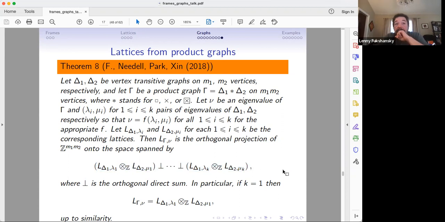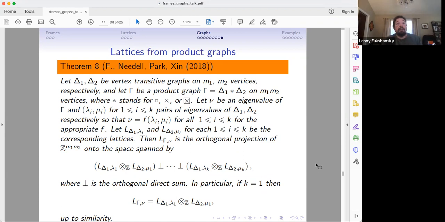Instead, I may get something in the space spanned by this lattice, which contains this lattice but is bigger. So in general it is the orthogonal projection of this integer lattice onto the space spanned by this orthogonal sum. And as I said, everything is up to similarity.